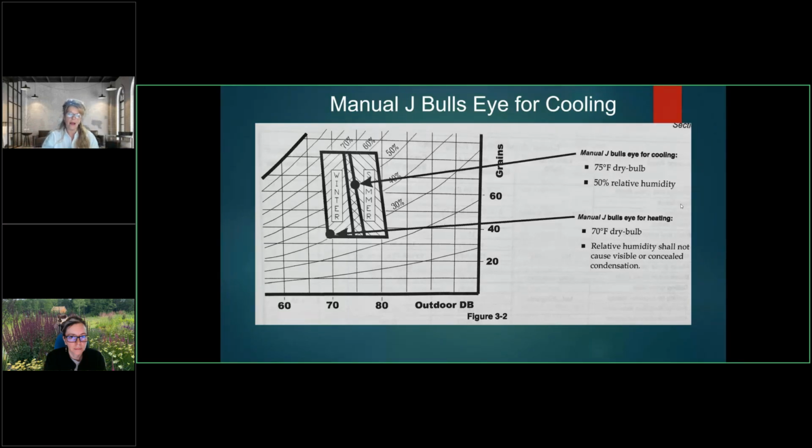And most of the time, our systems will run 1% of those peak times. So we size and design a system based on 1% of the year. So how are we going to control that relative humidity at 50% when we're not running at that peak July 4th load that it was designed for?